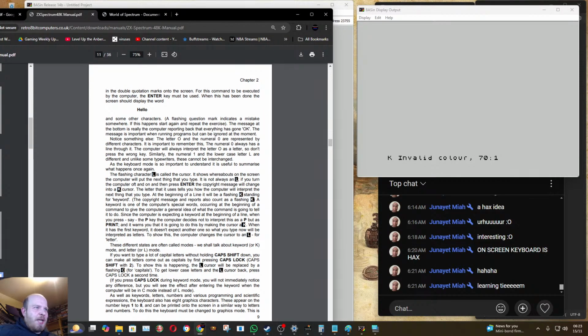See, this is what I was saying earlier, Mia. If you want to type capital letters without holding cap shift, you can make all the letters capitals by first pressing caps lock, cap shift, and 2. To show this is happening, the L cursor will be replaced with a C. Capitals. Quite simple, right?